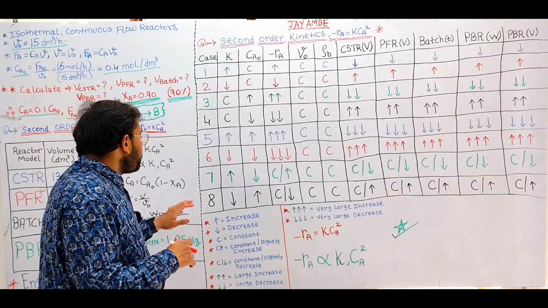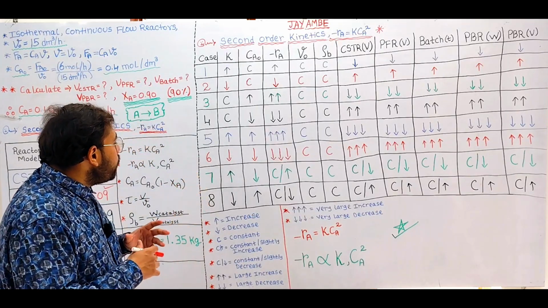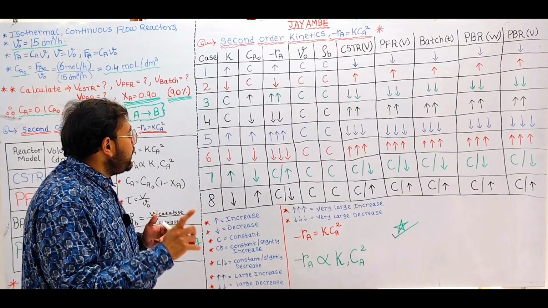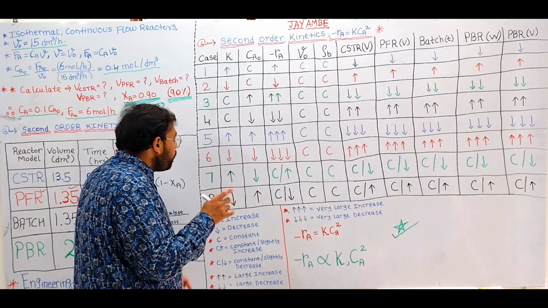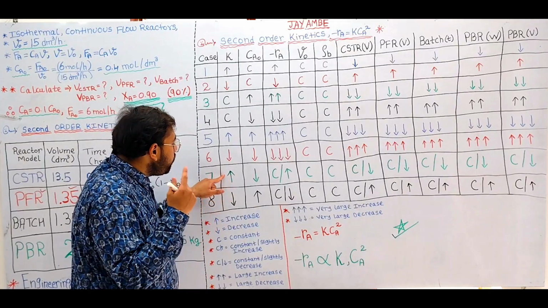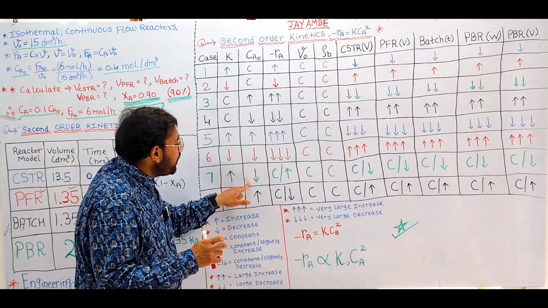So let's understand that. In the seventh case, we have two opposite effects taking place simultaneously, where the rate constant is increased and simultaneously the initial concentration is decreased, right?